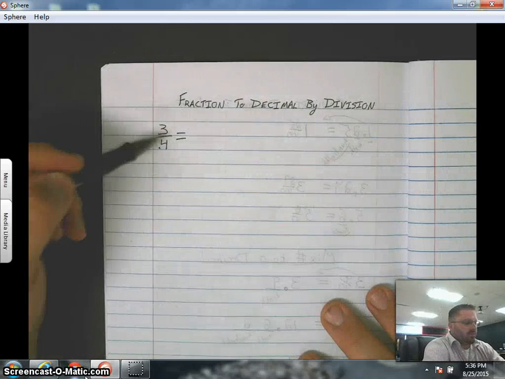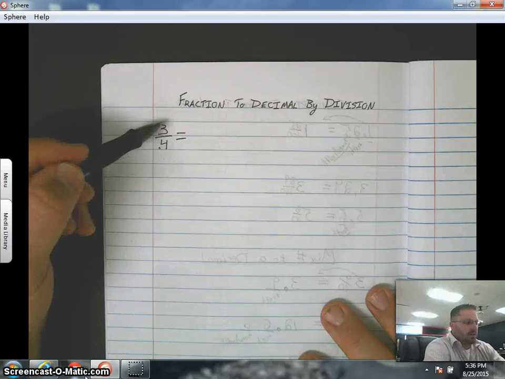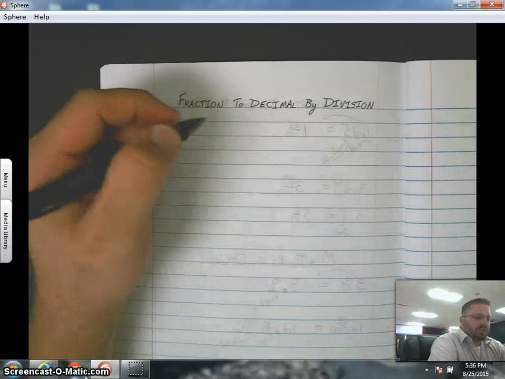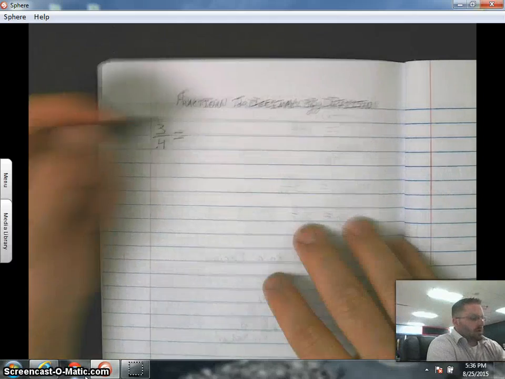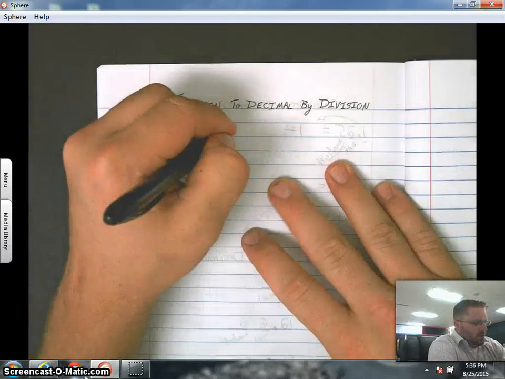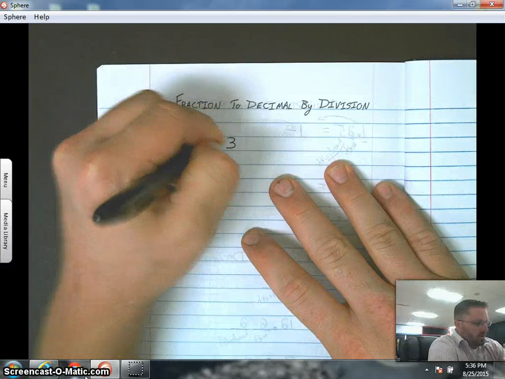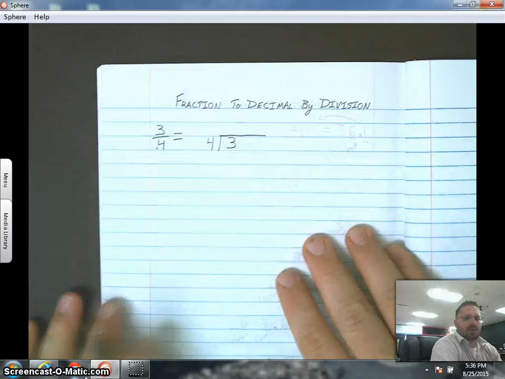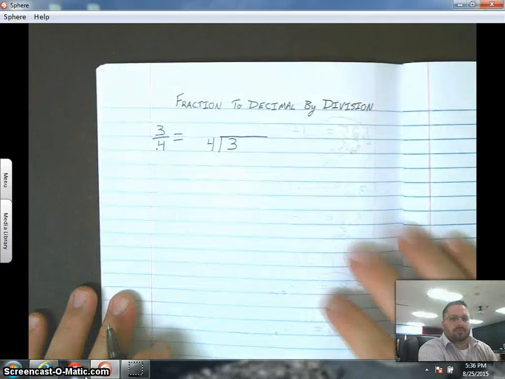So I can't just automatically put it over 10 or 100 or 1,000. To do this, a fraction is really meaning 3 out of 4. So in division, I can say 3 divided by 4. And we're going to use long division.